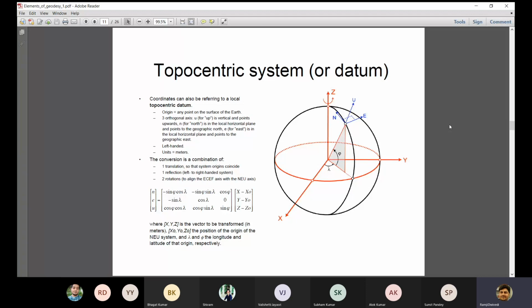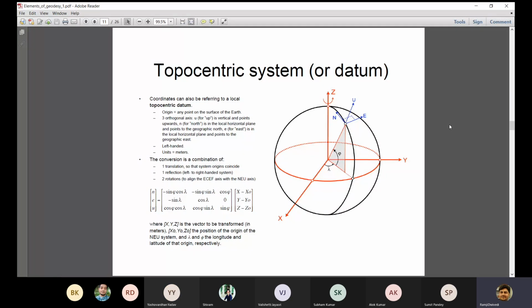Topocentric means you define your origin on the surface of Earth, and you have a relatively understandable coordinate system, which has northing, easting, and up components. And this northing, easting, and up is generally expected to be worked on with the help of the projection system which you have.